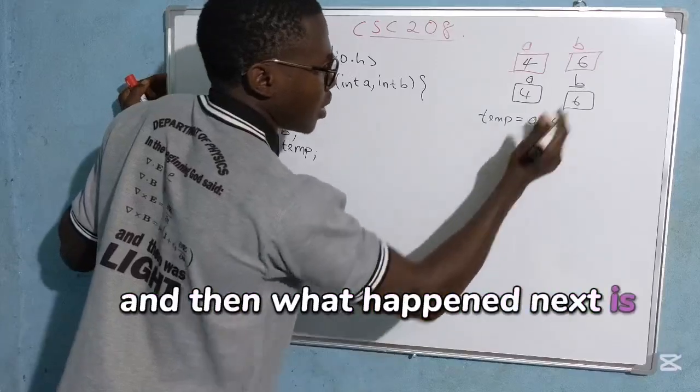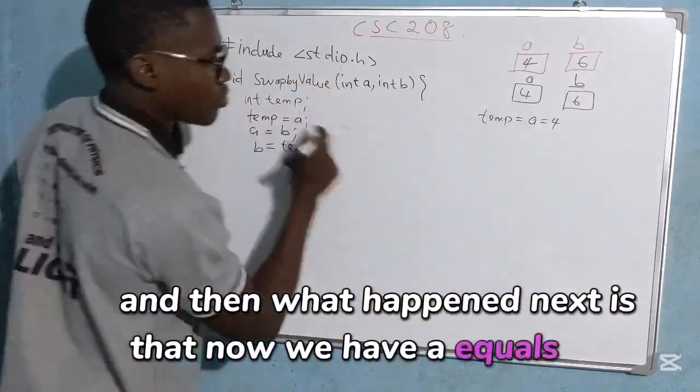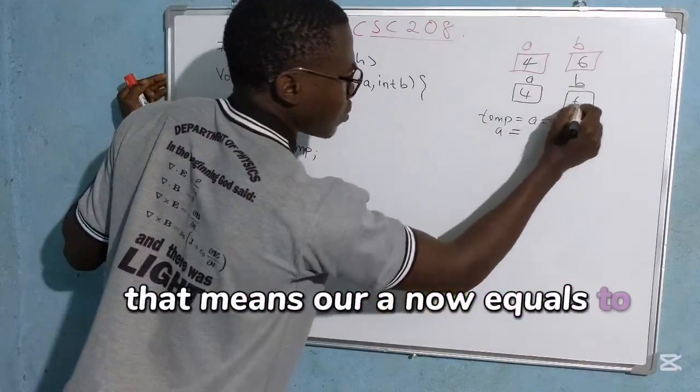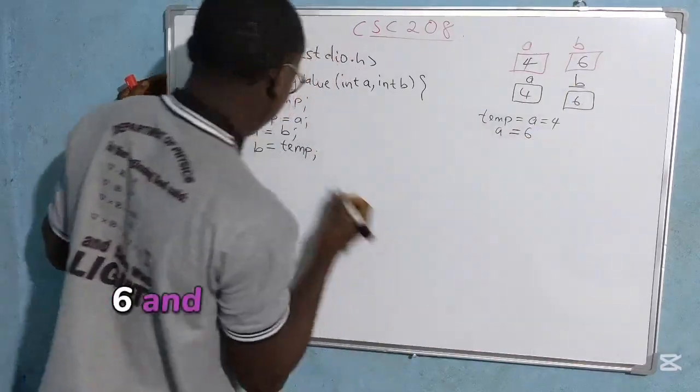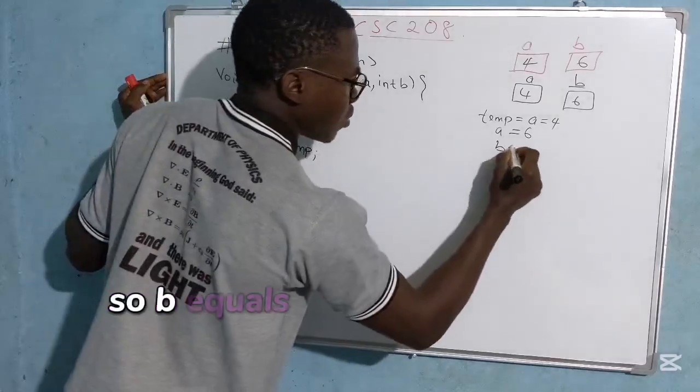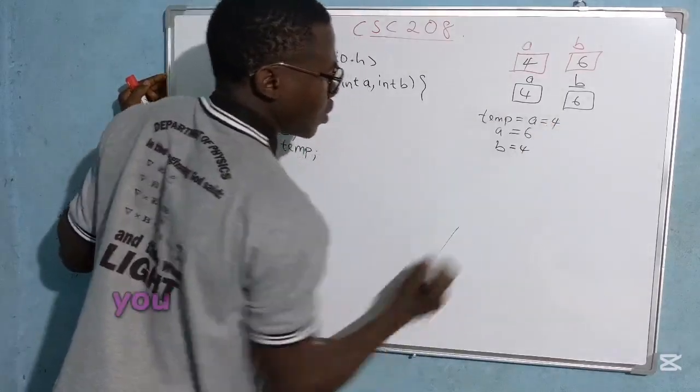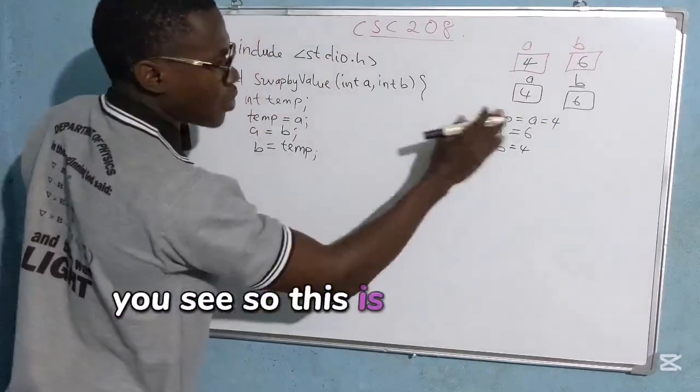And then you have A equals to B. That means our A will now be equal to, what's the value of B? 6. And then you have B equals to temporal. So B equals to, what's the value of temporal? 4. You see. So here's what happened in this function.